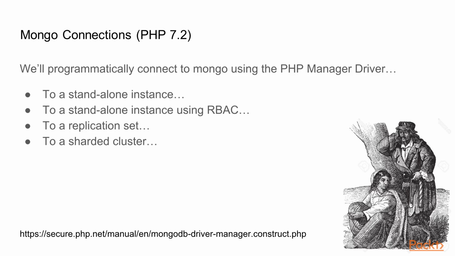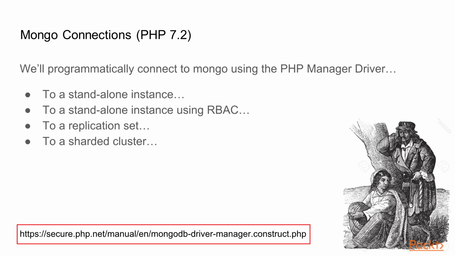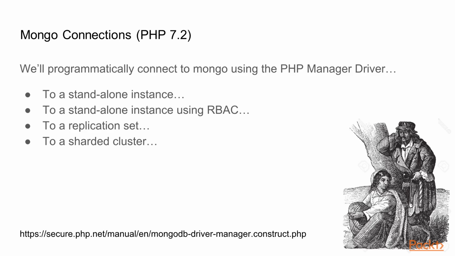At the bottom of the screen is a URL I provided. It should also be in your class notes. This is the PHP website page for the driver manager section of the Mongo API for PHP, and it specifically covers the constructor class. In other words, instantiating an instance of the PHP manager driver in PHP.